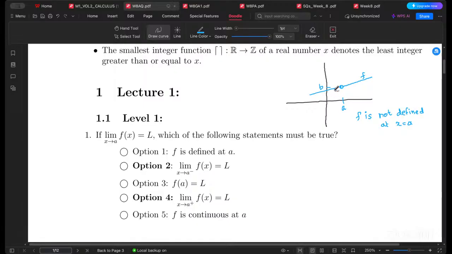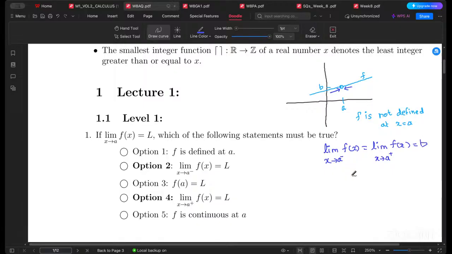Okay. So now let us call this value here b. Now you can see that approaching a from the left or from the right, function f is approaching the same value b, right? So limit as x goes to a minus of f of x and limit as x goes to a plus of f of x are both the same b.